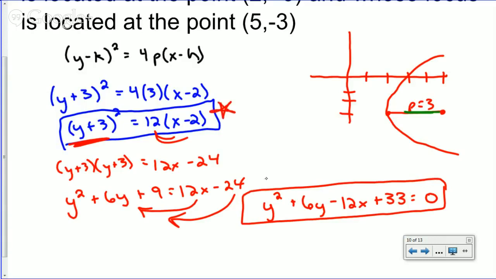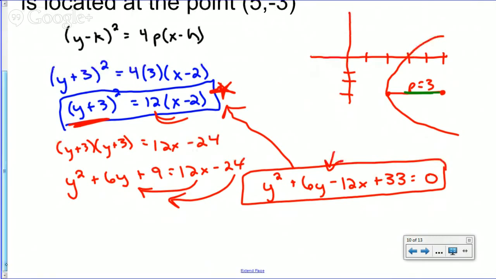That's super user-friendly. Okay, if you give that to me, I know exactly what we're talking about. If you give this to me, I may have an idea, but I still want to find the vertex and find the p-value and those kind of things to make it a little more understandable. This one down here just looks nicer. It's easier to program into computers and that kind of stuff.